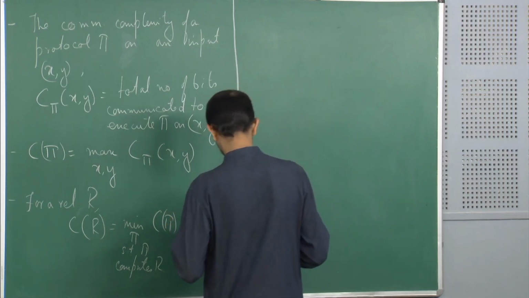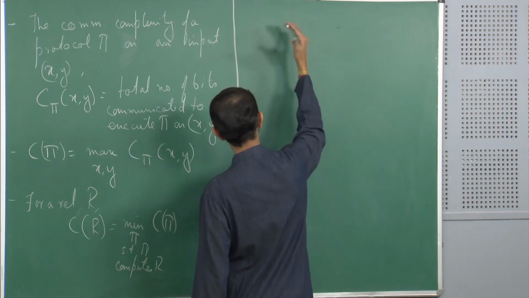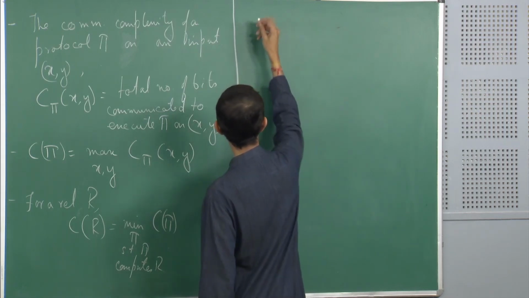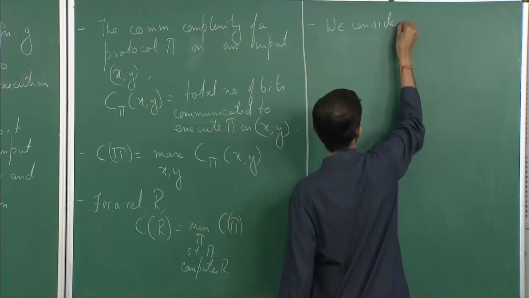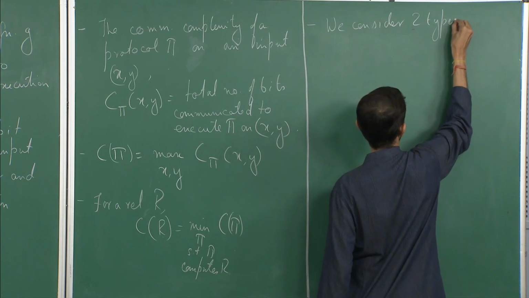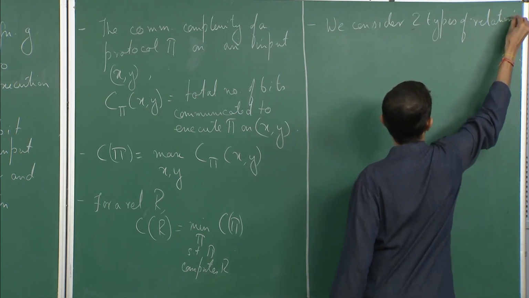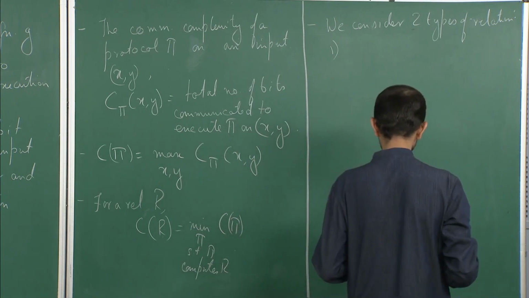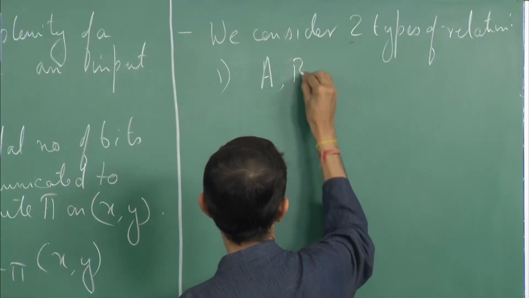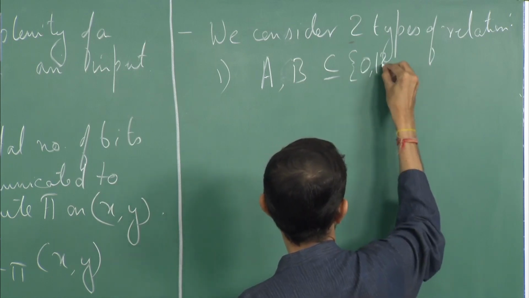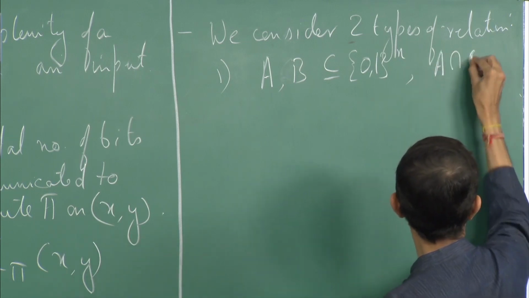So we will look at two types of relation, and in fact both are sort of similar. The first one is, suppose we have sets A and B consisting of n-bit strings such that A and B are disjoint.